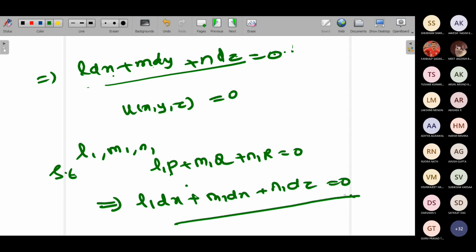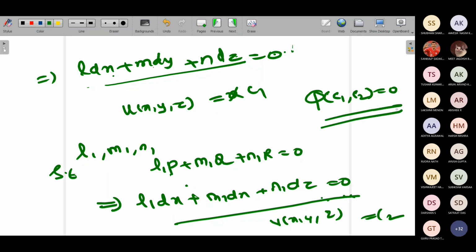Integrating this, you'll get another solution of the form v of x, y, z, equal to some constant C2. Again, the solution will be of the form phi of C1, C2 equal to 0.